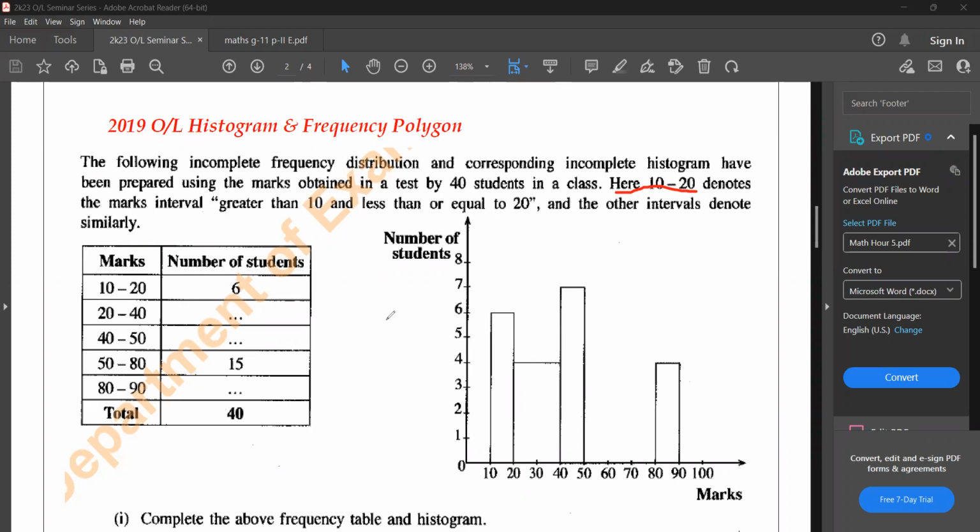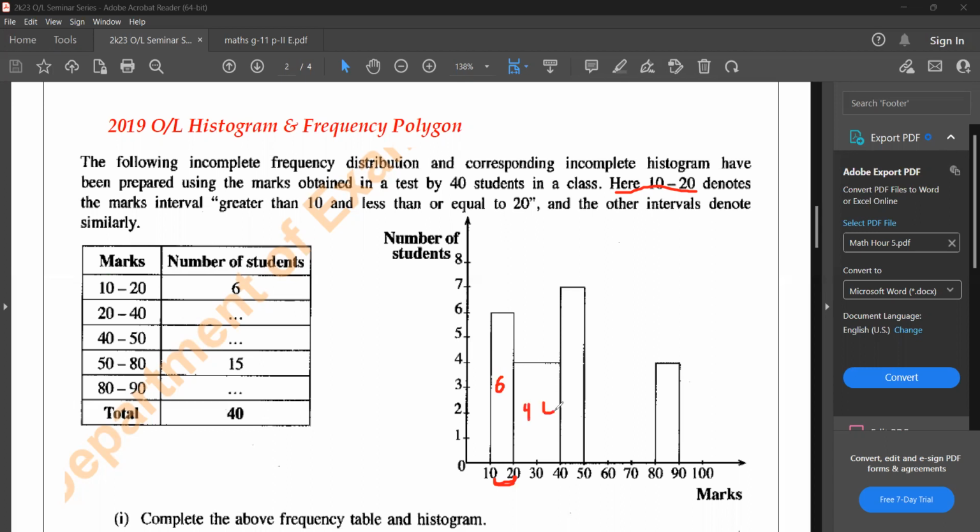Good. So let me know what is the smallest interval. What is the size of a class interval? Yeah, the size is 10. So the best thing here, we can start marking in the histogram, marking the numbers. So it's 6 here. What's the number corresponding to the next one? 4.